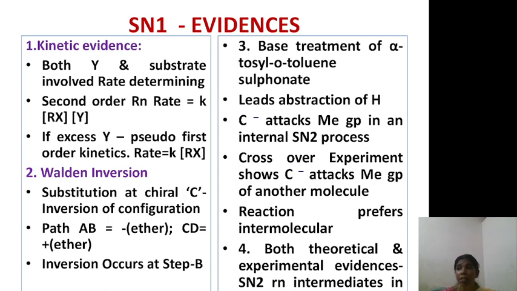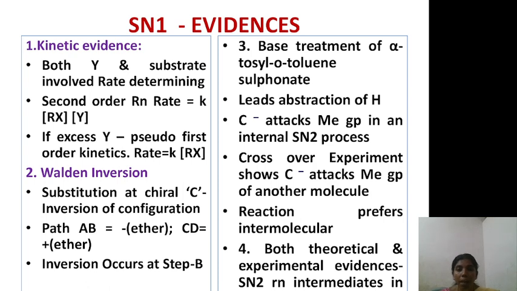So inversion means the carbon carrying four different functional groups is inverted through the center of the carbon. That will be the reciprocal way of attachment that is possible here.